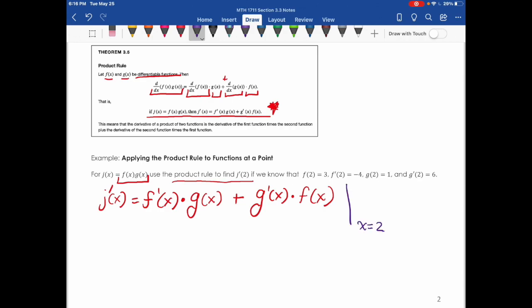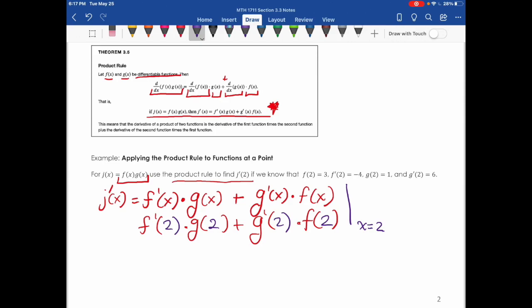Now, I want to evaluate this at x equals 2. So I'm going to plug in 2 everywhere I see x. So I have f prime of 2 times g of 2 plus g prime of 2 times f of 2.